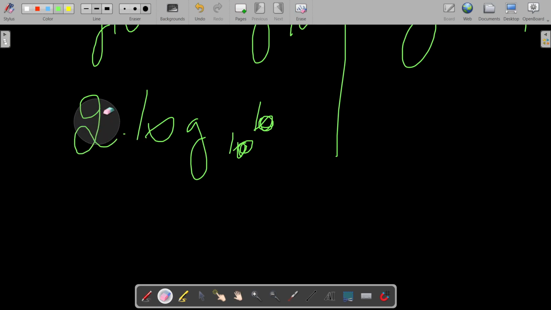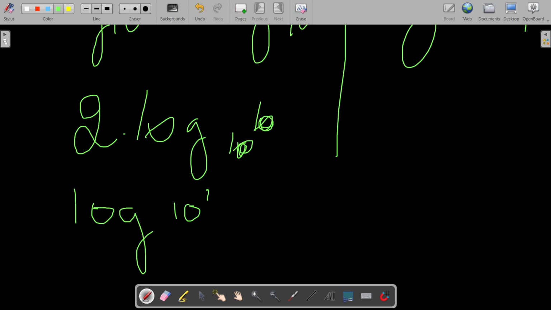By the previous property, we can write this 2 in the power of this 10. Okay, so let's write it. Log 10 squared, okay, sorry. Log 10 squared base 10. What happened here?